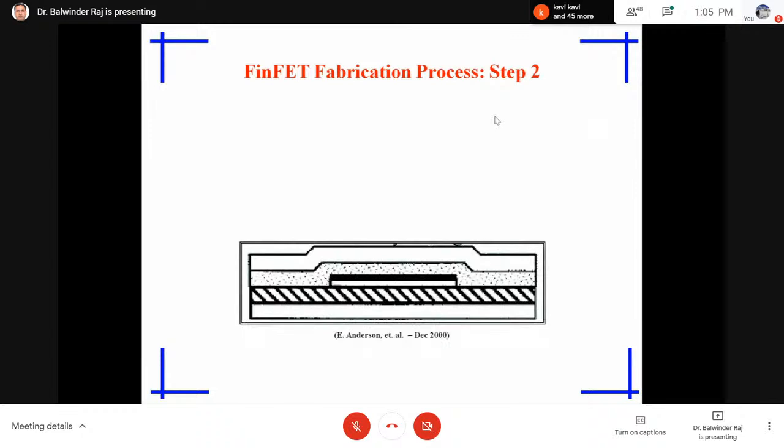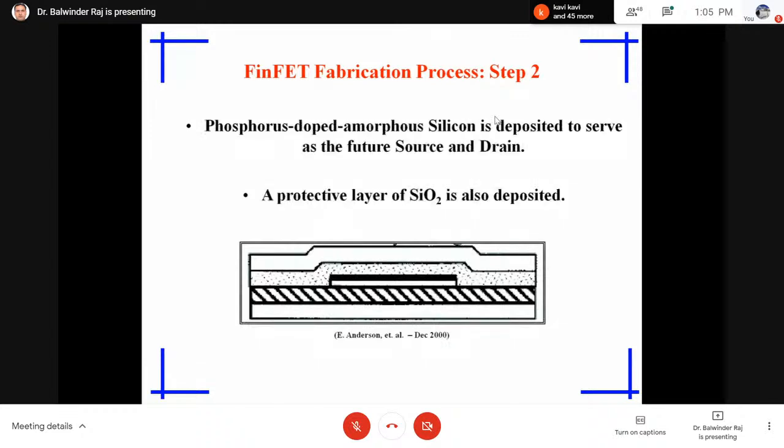So the second step is we have to use this phosphorus type of doped material. So phosphorus, we know, is a pentavalent type of impurity. So if we have to make this FinFET an N-type FinFET, we will go for the pentavalent impurity.